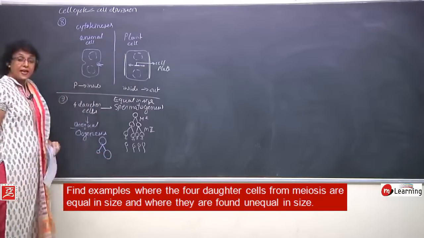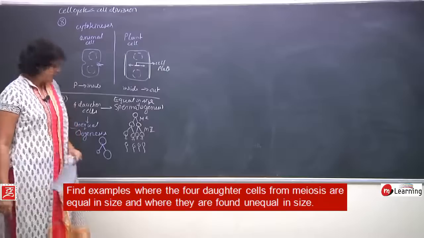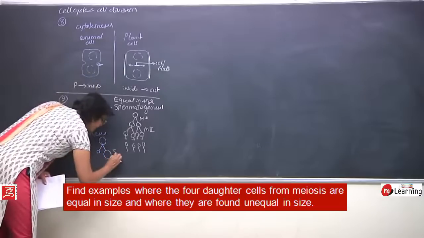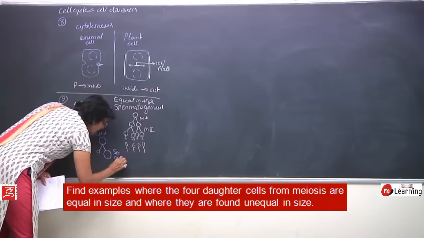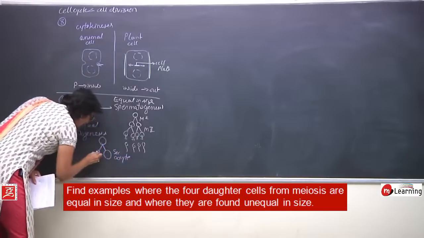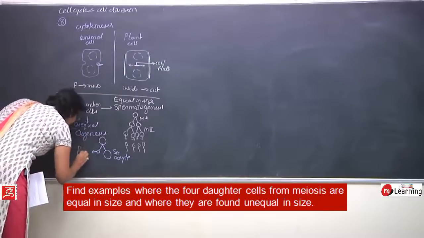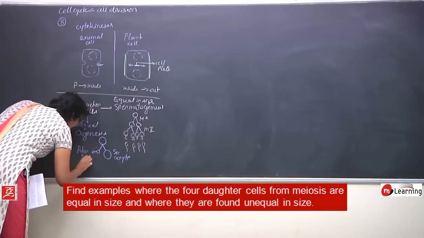One is big, other is small. The bigger one is known as secondary oocyte, and this tiny cell which is formed is known as the polar body.